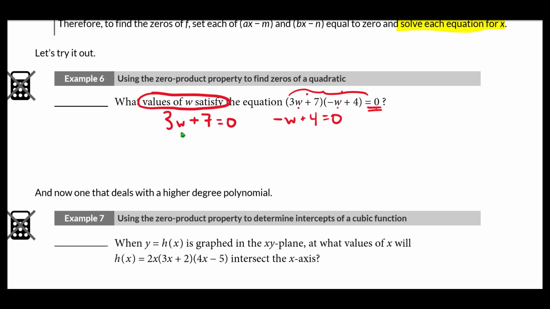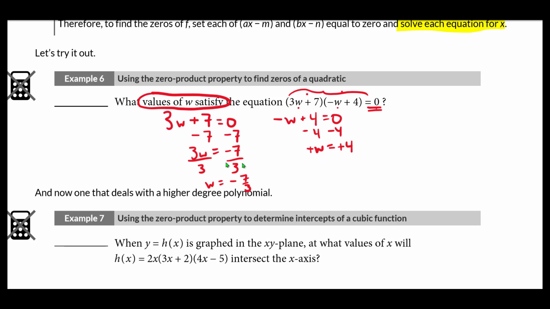And now solving for our variable, which is w, we take the 7's away. We get 3w equals negative 7. Divide by 3, and we get w equals negative 7 over 3. Over here, we're going to subtract 4 from both sides. We get negative w equals negative 4. Obviously, we can divide or multiply by negative 1, changing both of those signs to positives.